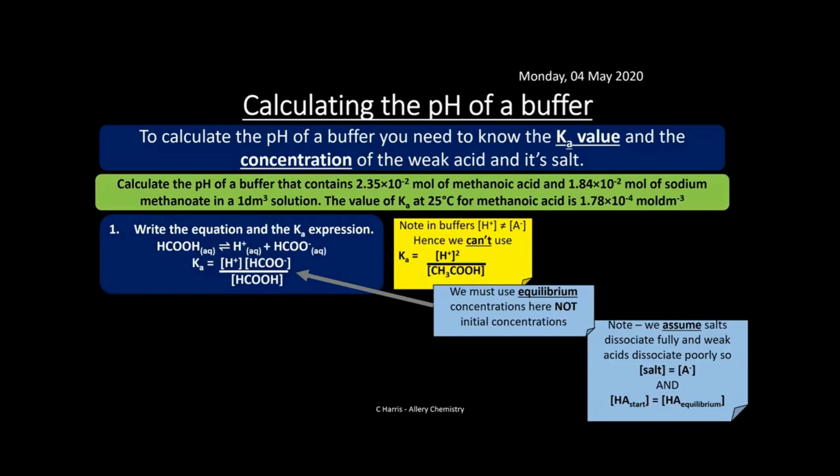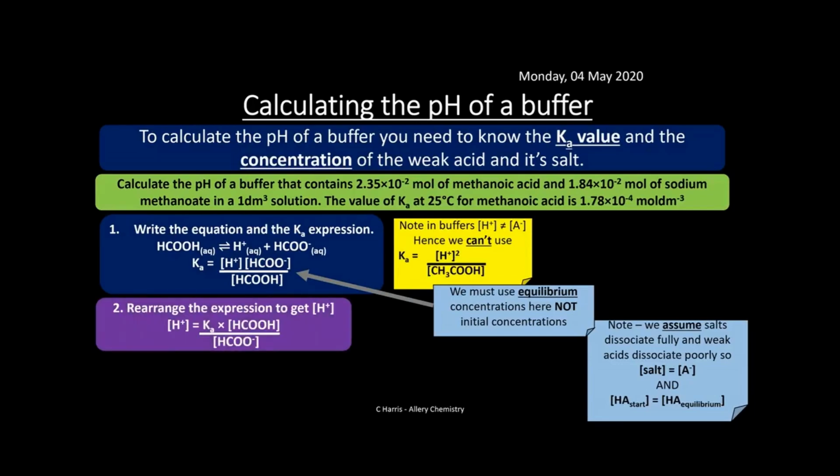Those two assumptions are critical. The second thing is we rearrange the expression to get H plus. So H plus equals Ka times HCOOH divided by HCOO minus. Remember, this has come from the salt. That is the acid, and that's the dissociated ion from the salt. Just remember that.